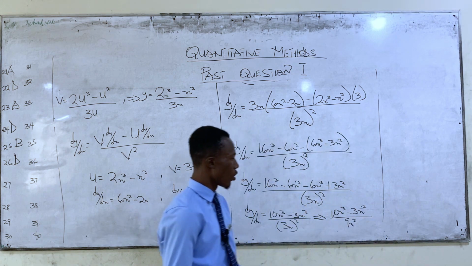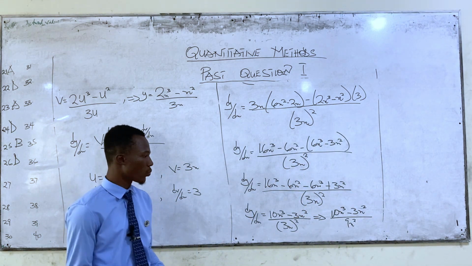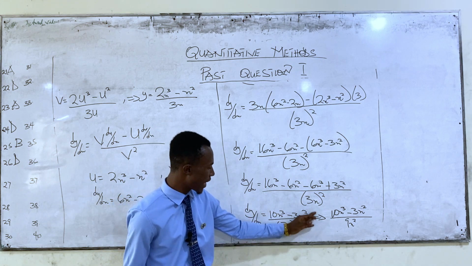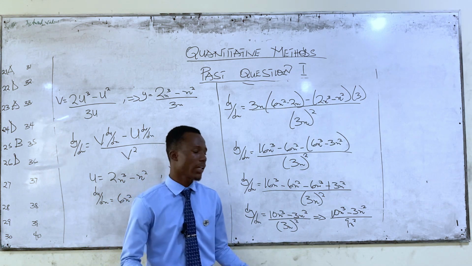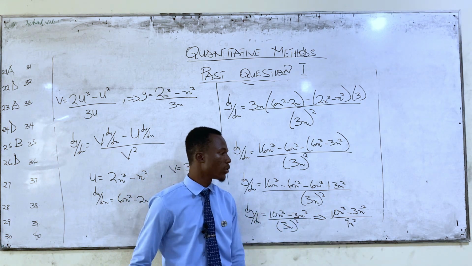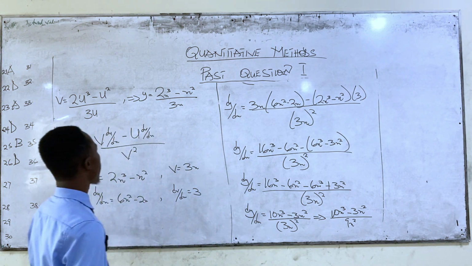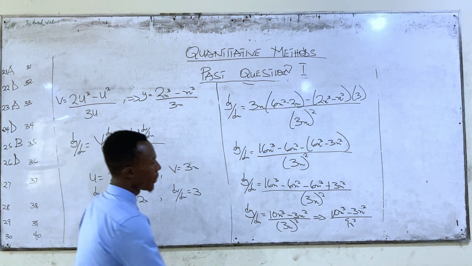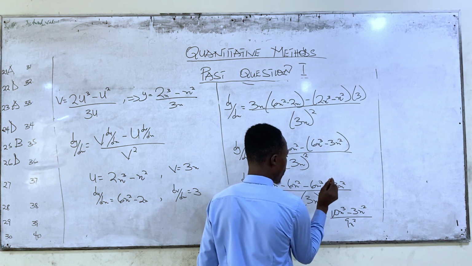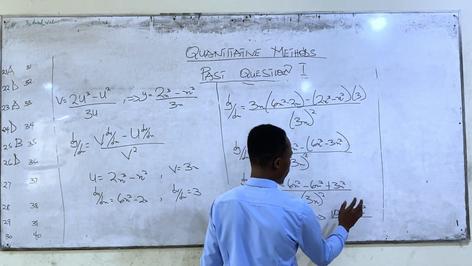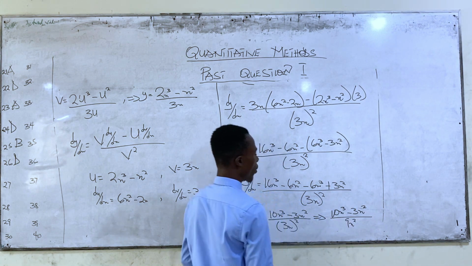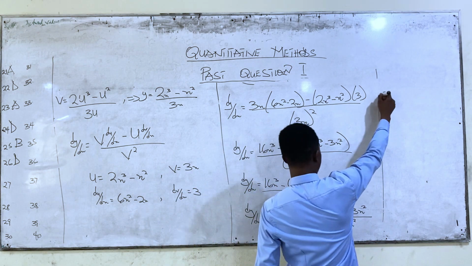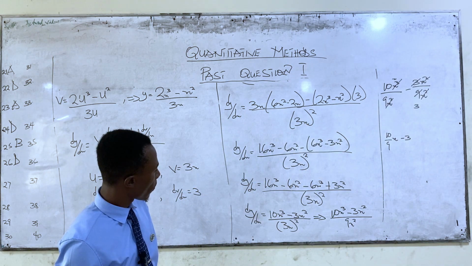When they just give you the question, sometimes they will end here, but looking at the answer, you just have to simplify further. Are you good? So this is 10x exponent 3 minus 3x squared over 9x squared. We are now going to simplify them.